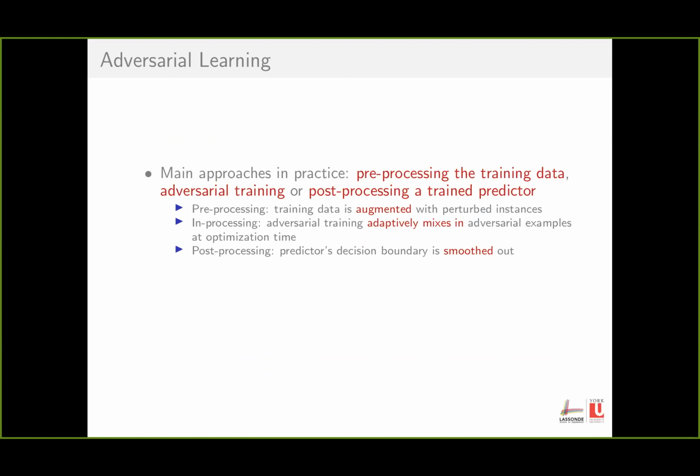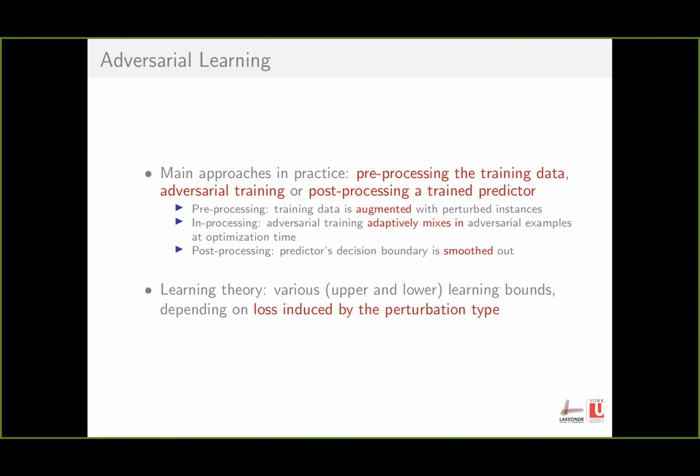There are modifications to the optimization, again adding adversarial examples at optimization time, or post-processing methods, smoothing a trained classifier afterwards. And on the statistical learning theory side, various studies have looked at how training with respect to an adversarial loss affects computational complexity and sample complexity.